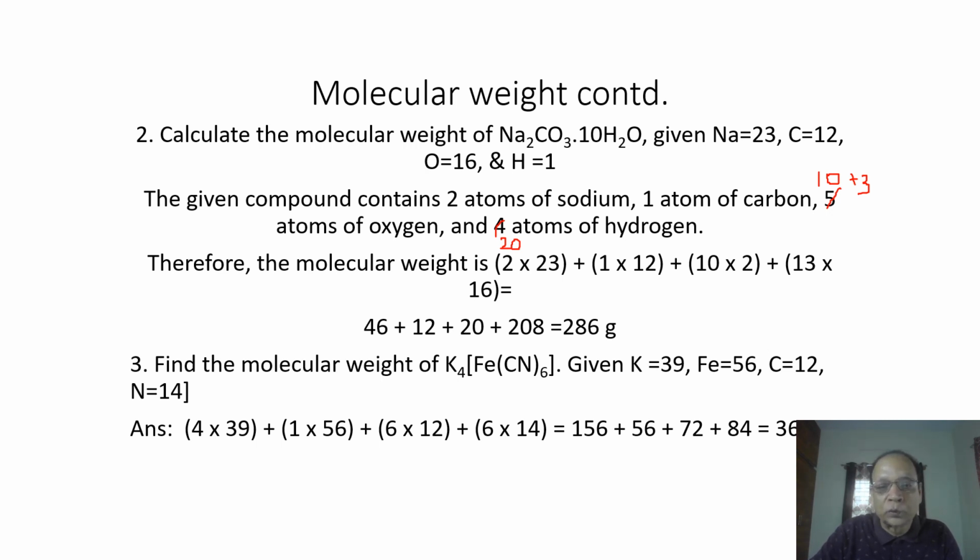So 4 potassium atoms, 4 into 39, plus 1 into 56 because 1 iron atom, 6 into 12 carbon because this 6 outside the bracket is for all the elements present inside the bracket. So 6 into 12 for carbon and 6 into 14 for nitrogen, and that goes up to 368. It adds up to 368.